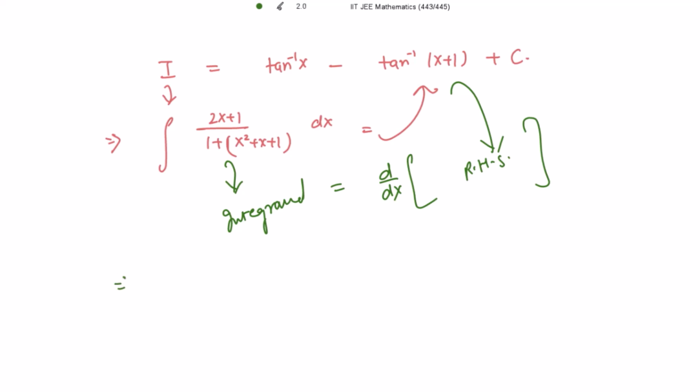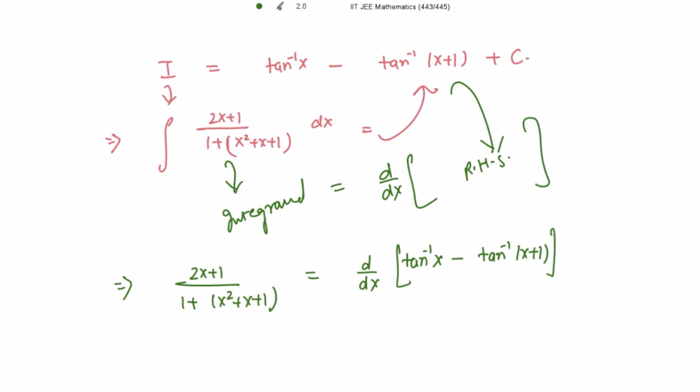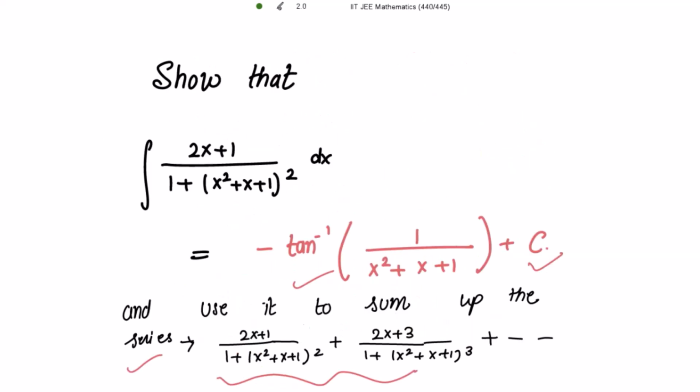So this integrand is equal to the derivative of tan inverse x minus tan inverse x plus 1. Derivative of c is 0. So this is the value for 2x plus 1 divided by this denominator. That means we have got this value, right?